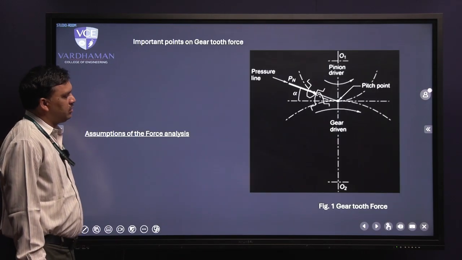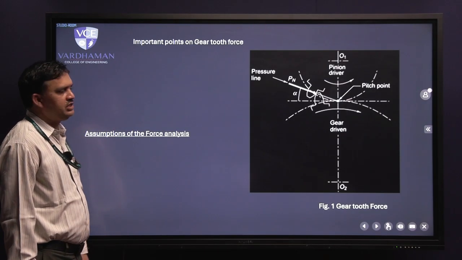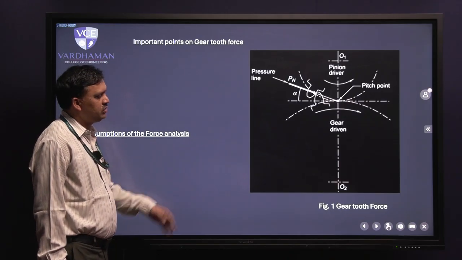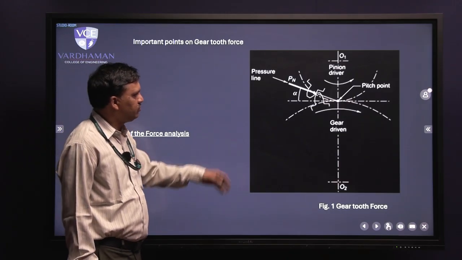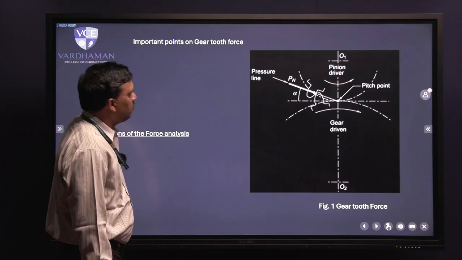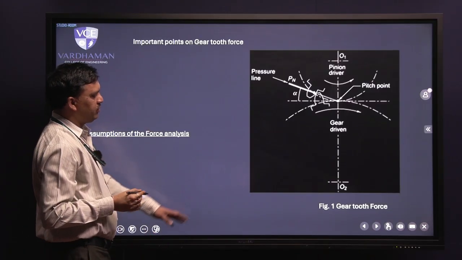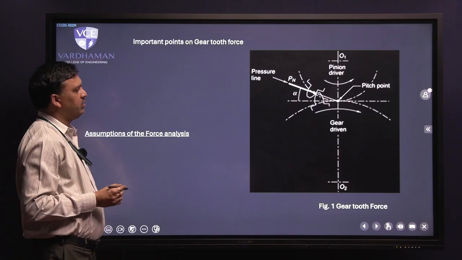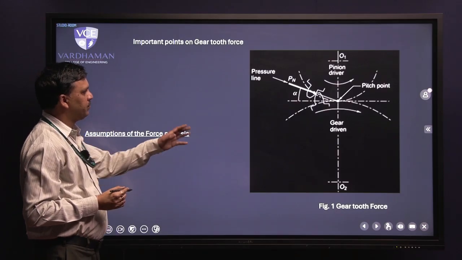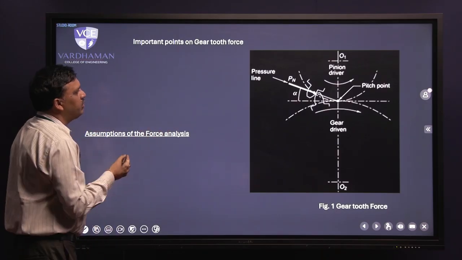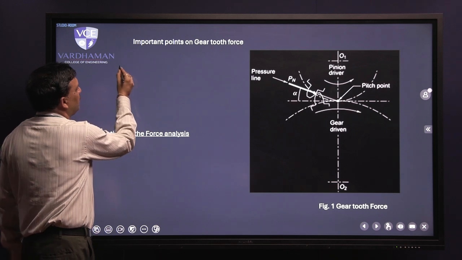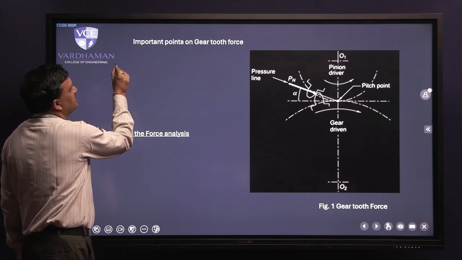Here, from figure 1 we see the gear tooth force diagram. This diagram shows that the pinion and the gear are in mesh with each other.